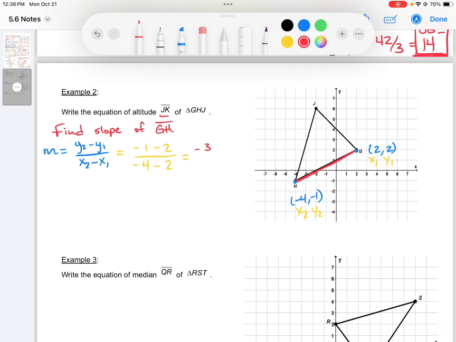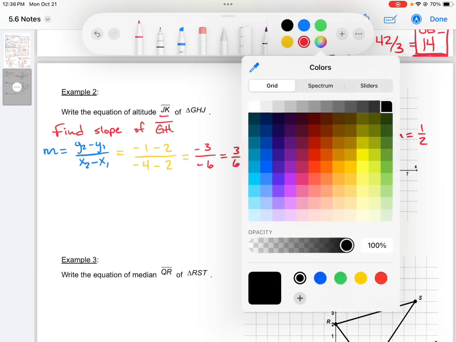And -1, take away 2 more is -3. And -4, take away 2 more is -6. Well, a negative divided by a negative is a positive. And if I reduce this fraction, it is 1/2. So the slope of GH is 1/2.